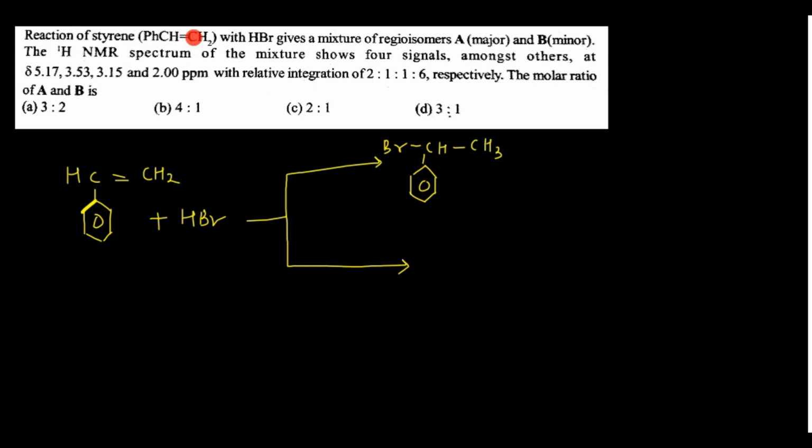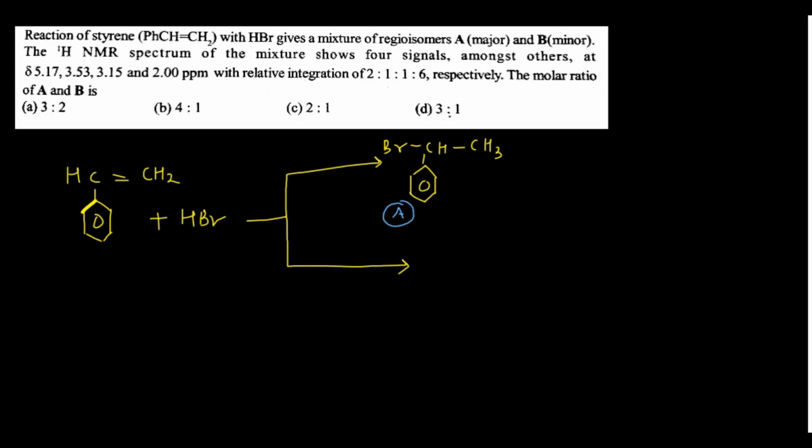Around the multiple bond we have CH and CH2. So according to Markovnikov, the Br should go to the CH to form the major product. Here I have formed the major product, and the question says regioisomer A is the major, so this is my type A compound.